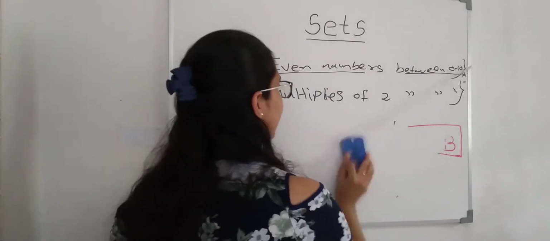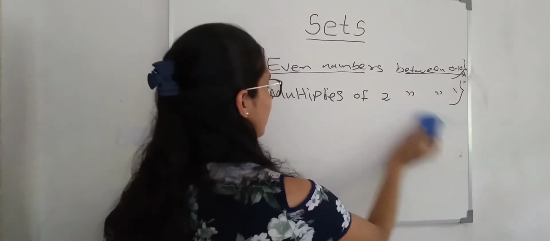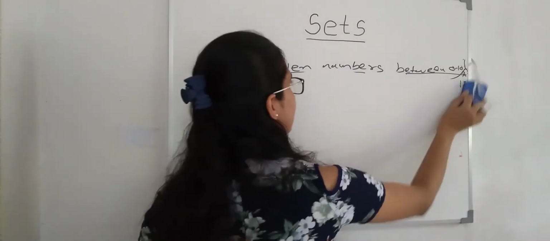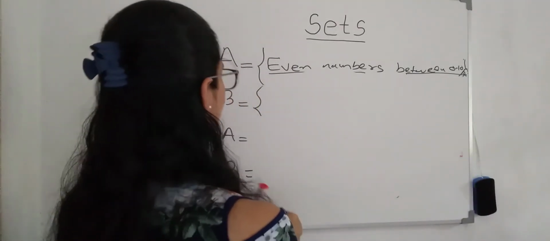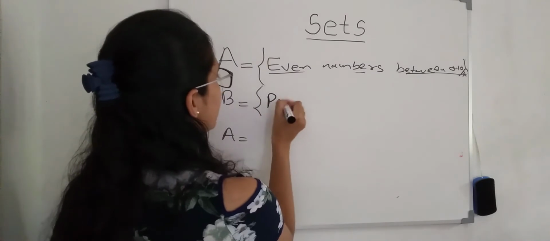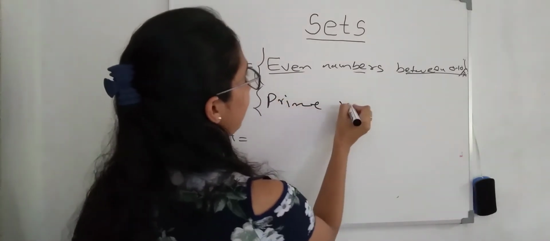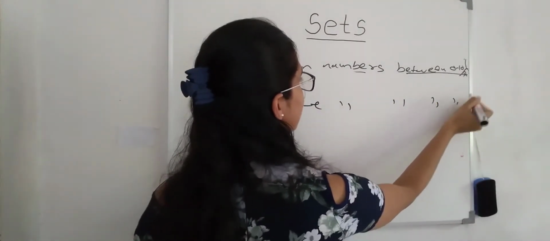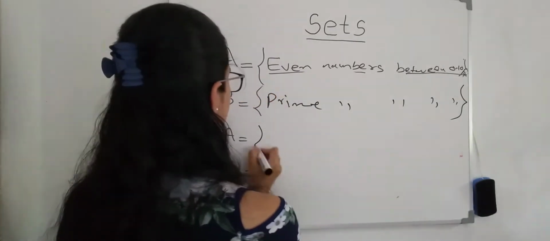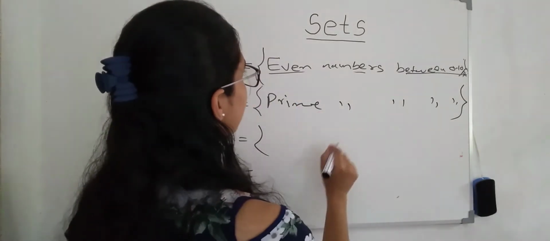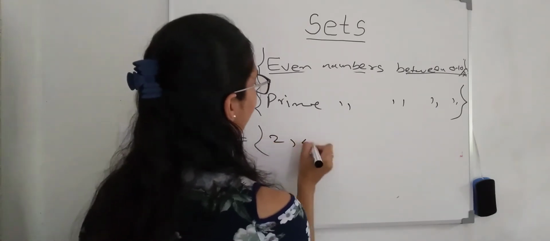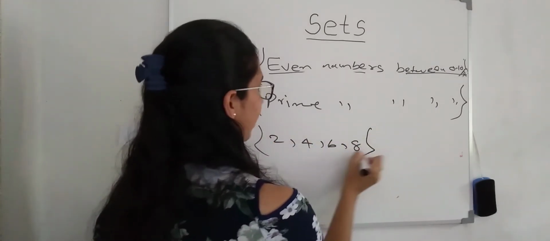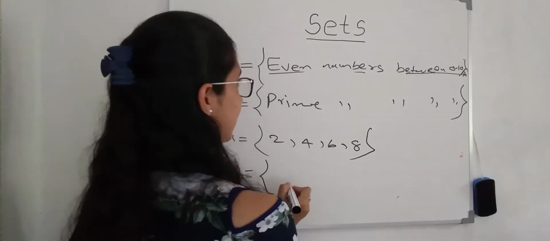Okay, I'll take an example, and the set B shows prime numbers between 0 and 10. Prime numbers between 0 and 10, right? So let's write the elements of the set A. Even numbers 2, 4, 6 and 8. And what are the elements of the set B?